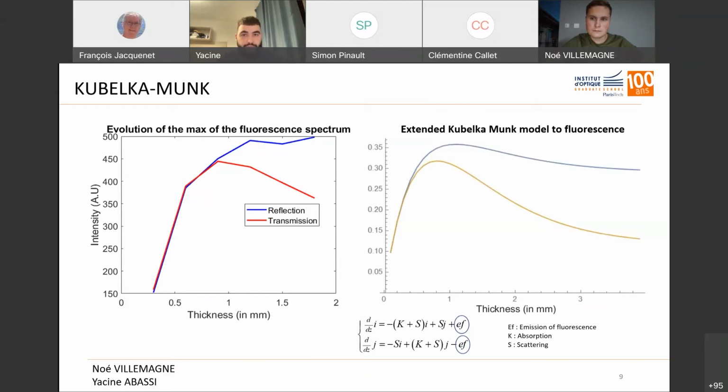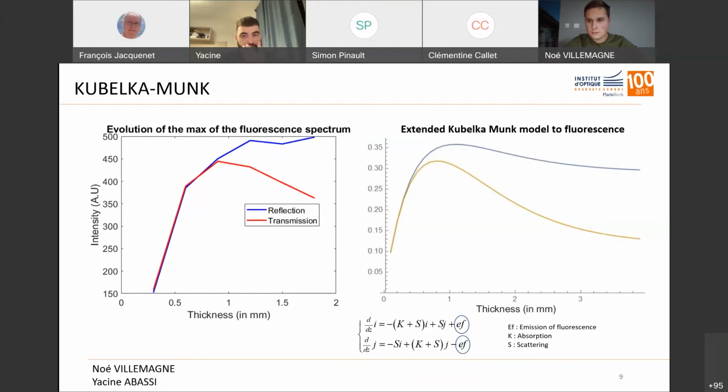After measuring the transmission and the reflection spectra, we plot the maximum as a function of thickness. For transmission, there is a first regime where we notice that the maximum of fluorescence increases with the thickness. Then a second regime where the level drops because the UV light is absorbed, emitted, and attenuated in the sample.